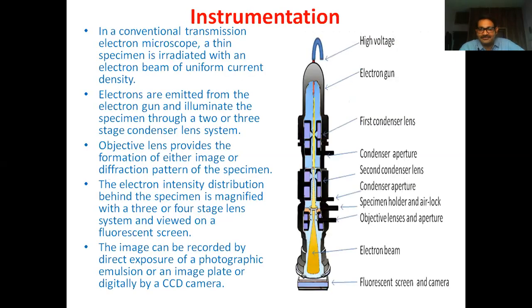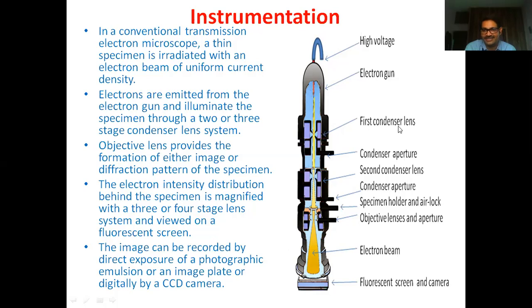This is the picture of the instrumentation, more or less similar to an optical microscope. We require an electron gun, which produces electrons by high voltage. We also have a vacuum chamber so that the beam does not scatter and goes straight in a particular direction.